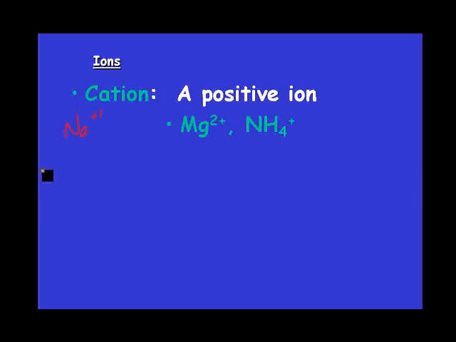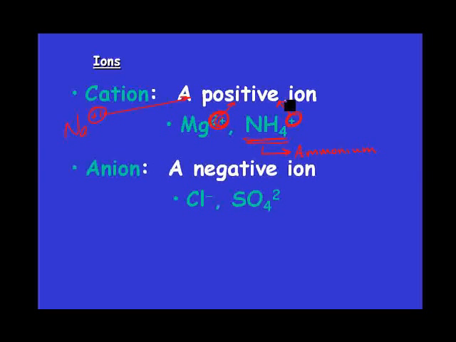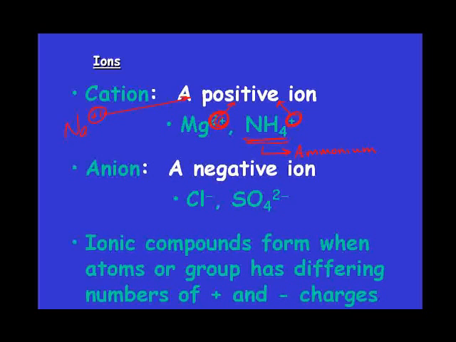Other examples would be like magnesium with a +2 charge, or this ammonium ion. It's a cation because of these positive charges. Anions are the negative ions, so like chlorine or sulfate. Ionic compounds form when atoms or groups of atoms have different numbers of positive and negative charges.